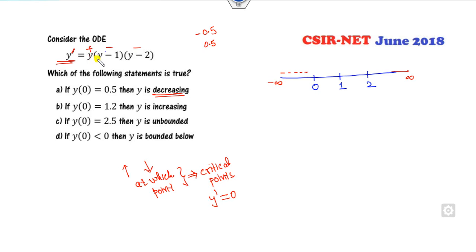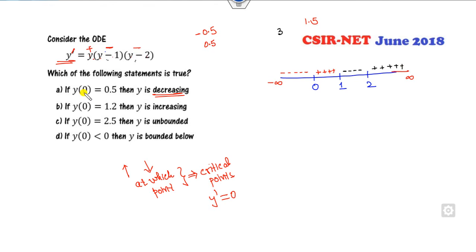This number is positive, this number is negative, this number is negative, so the product will be positive. Take any number between 1 and 2, say 1.5. It is positive, positive, negative, so this number is negative. 2 to infinity, say number 3, positive, positive, positive. This number is positive.